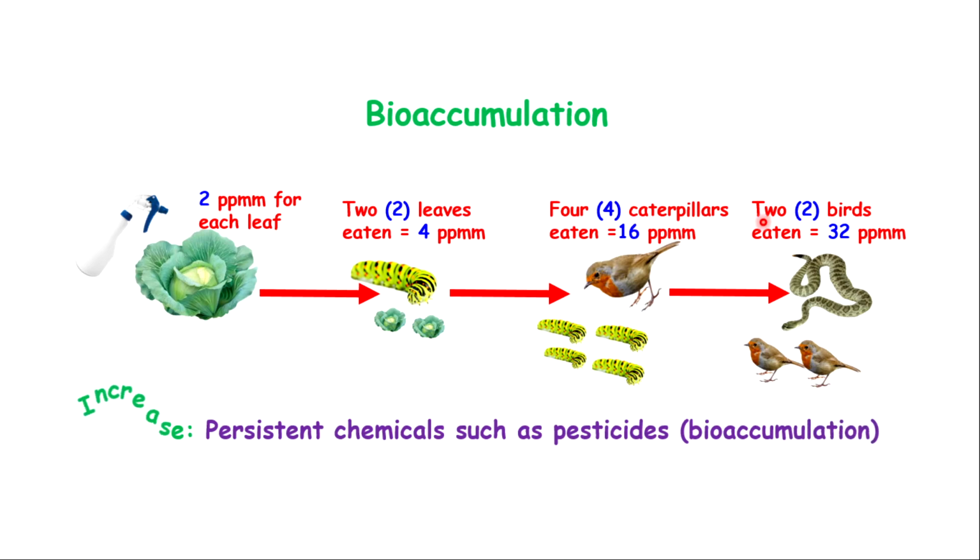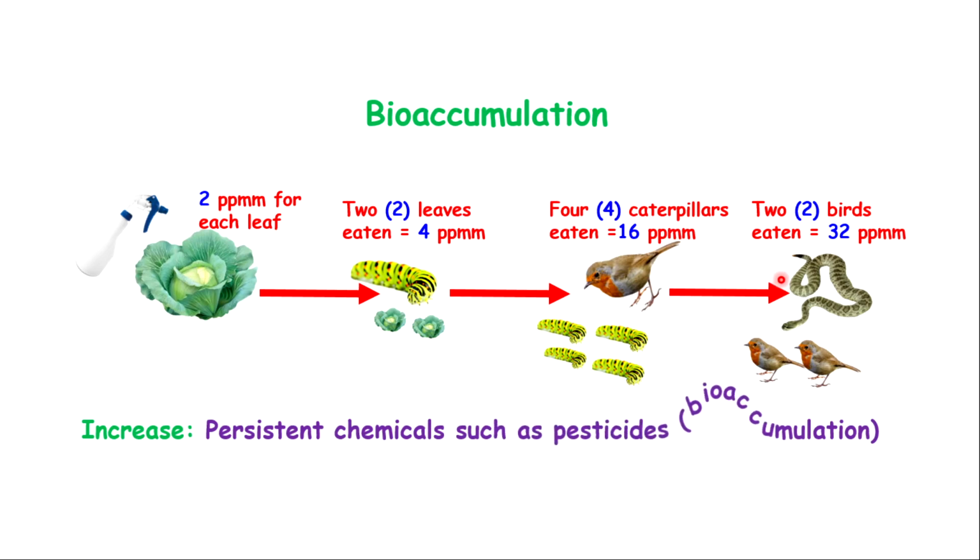Let's say now the bird, because you have to eat more going up, eats 4 caterpillars, and each caterpillar contains 4 parts per million. Eating 4 caterpillars, you multiply the 4 eaten by the bird by the 4 parts per million in each caterpillar. Now you have 16 parts per million in that bird.